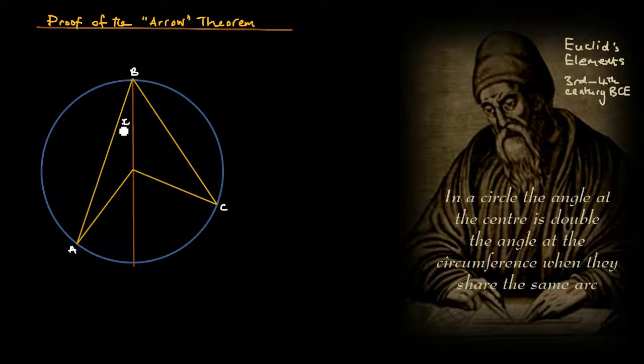If I label this angle here x and this angle here y, then we can say that this angle here must be x as well, and this angle here must be y.